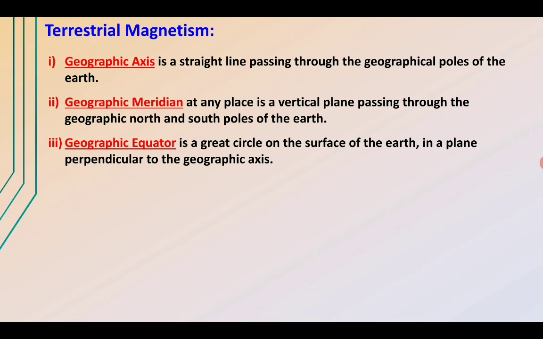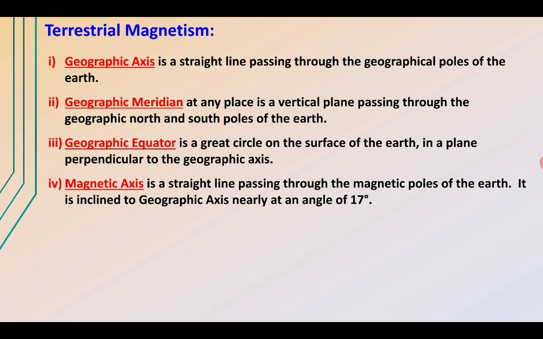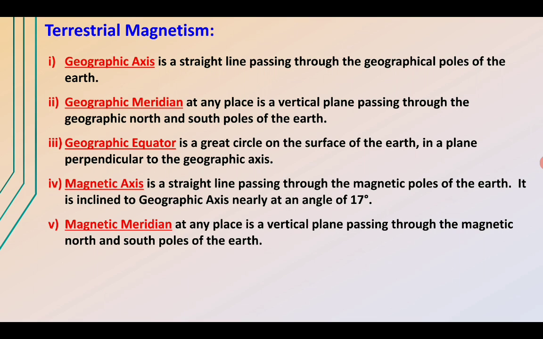After that we have the magnetic axis. This magnetic axis is a straight line passing through the magnetic poles of Earth, and it is inclined to the geographic axis, and the inclination is nearly 17 to 18 degrees. After that we have the magnetic meridian, which is the vertical plane passing through the magnetic axis of a freely suspended small magnet, and the Earth's magnetic field acts in the direction of this magnetic meridian.